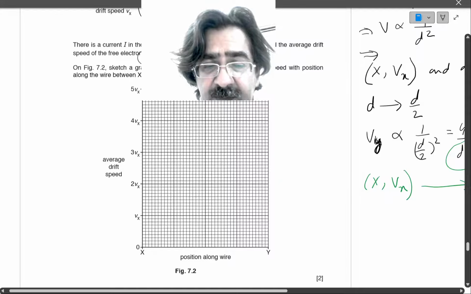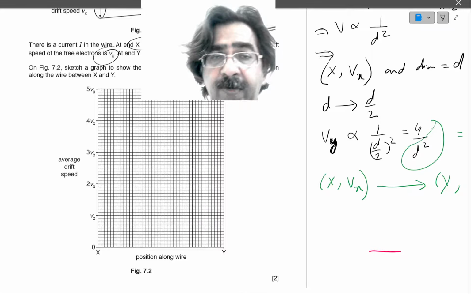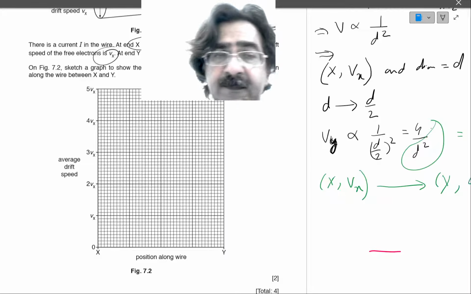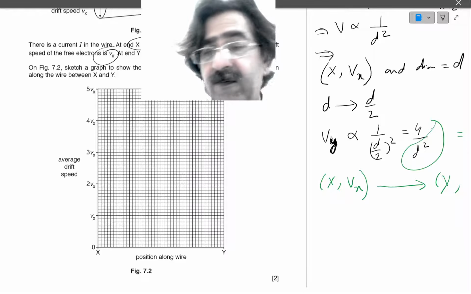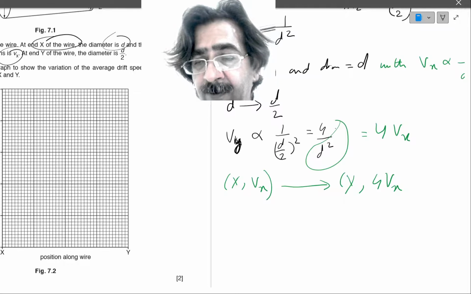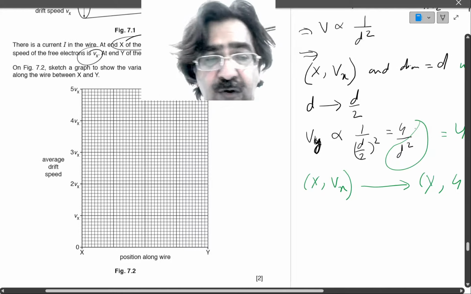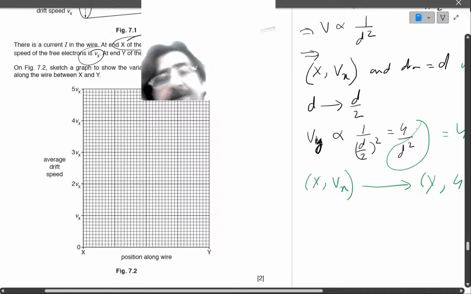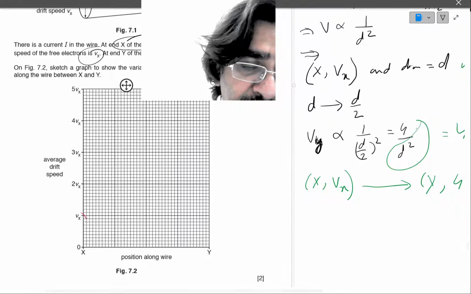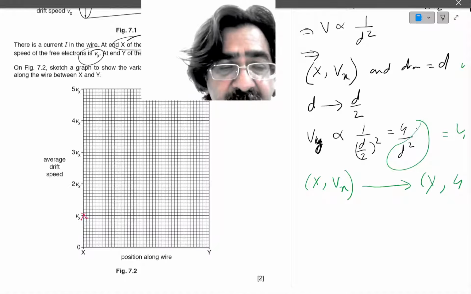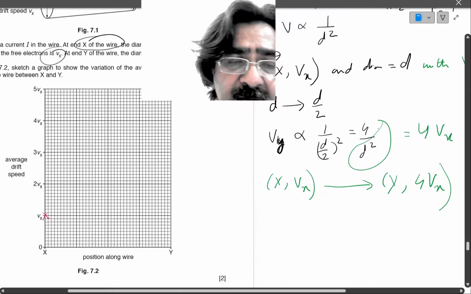So at x it is Vx, and at y it will be 4Vx.